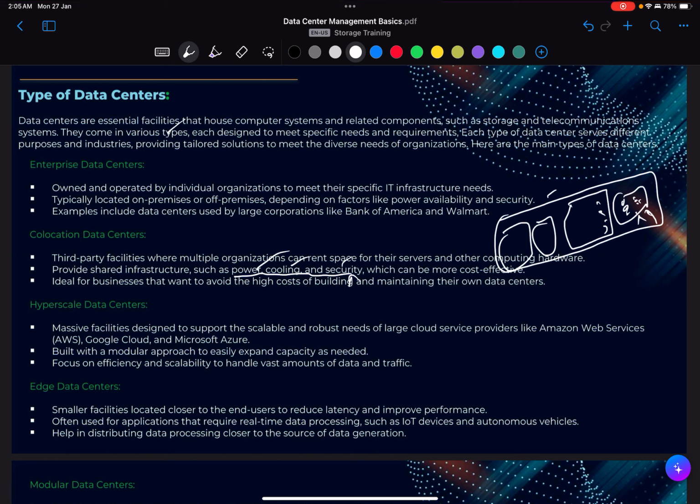Because when you have a data center building, there are standards, and you need to maintain that building accordingly. You should have that kind of cooling, power, physical security, different levels of security, machines, and then you need to maintain the whole building, with electricity for the whole building as well, not just for the data center.